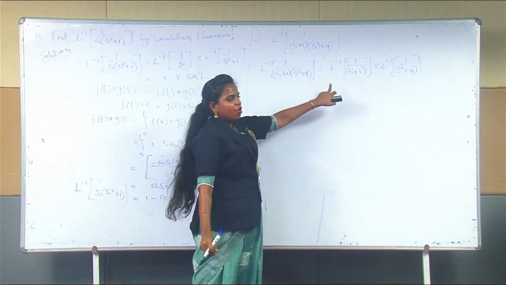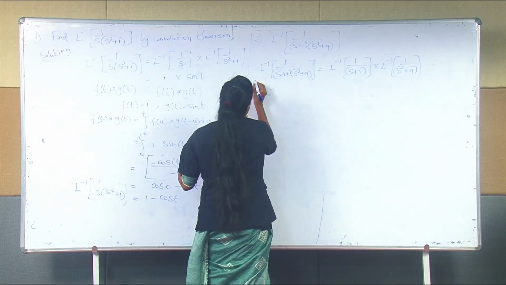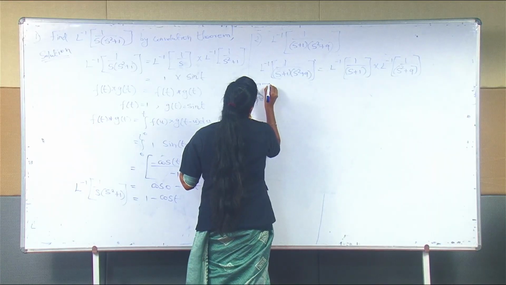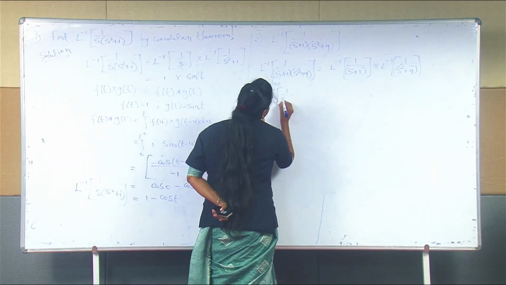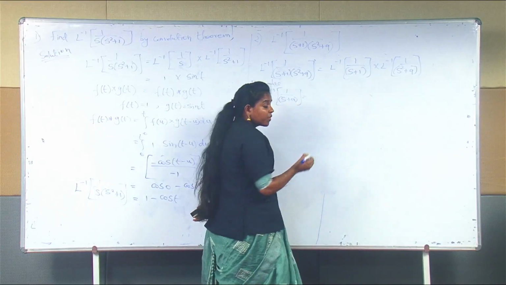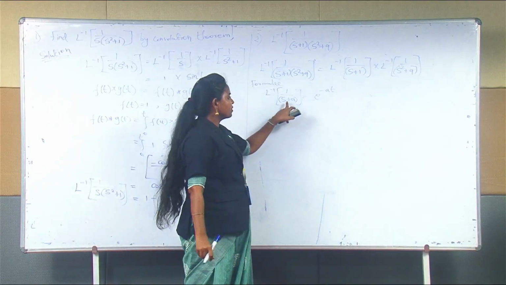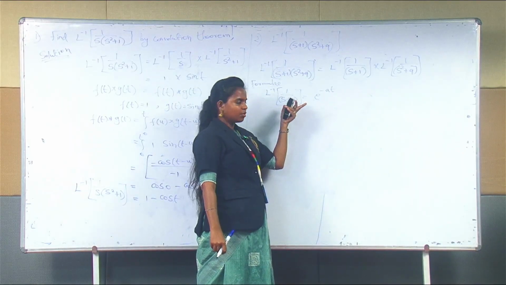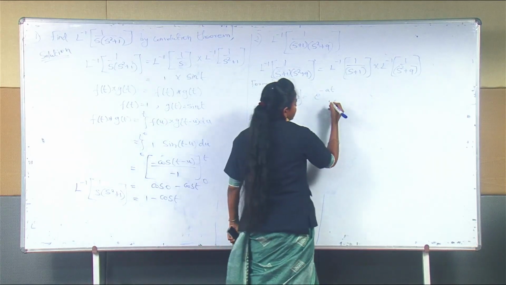So the formulas we are going to use here: Laplace inverse of 1 divided by s plus a is equal to e power minus at. Here if we have plus a, we have to put e power minus a. Okay, opposite sign we have to consider.